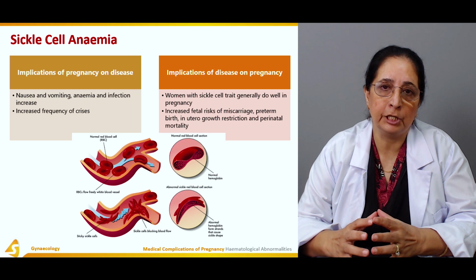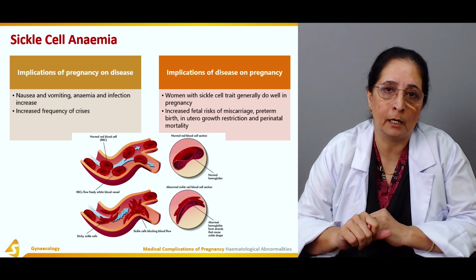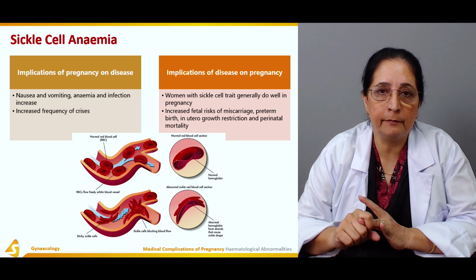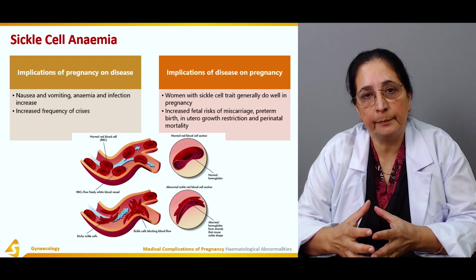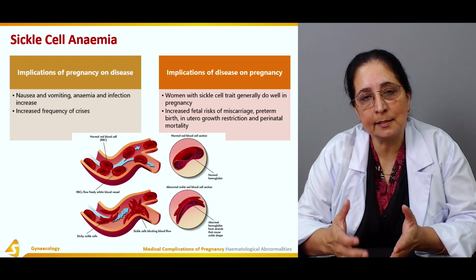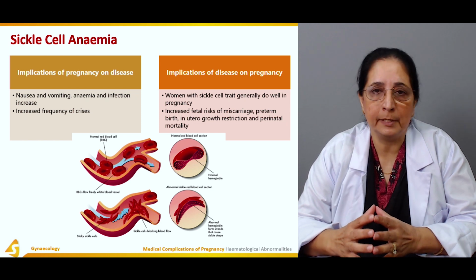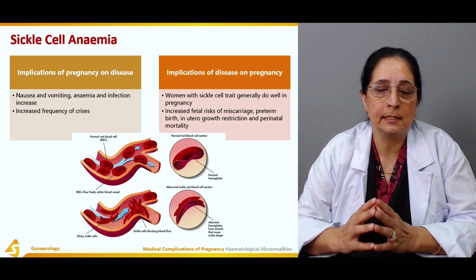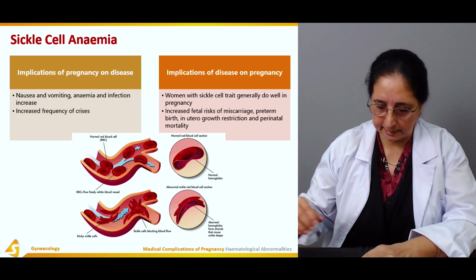But if complications are present, usually they are intrauterine growth restriction and preterm delivery, and perinatal mortality rates are high. So all these complications can occur as a result of sickle cell anemia during pregnancy.